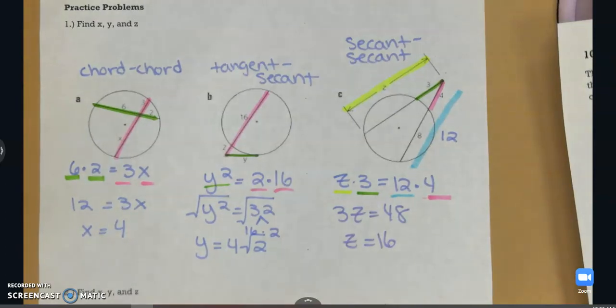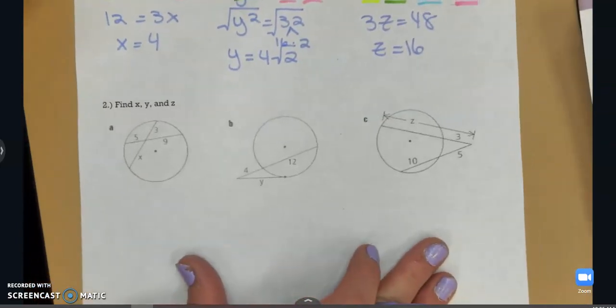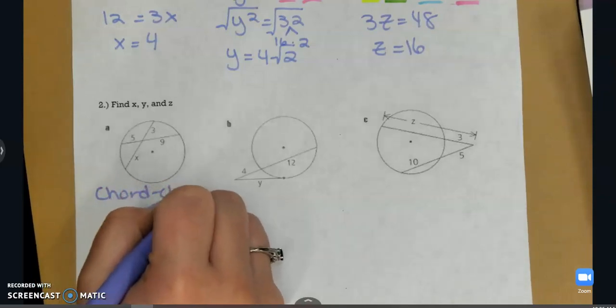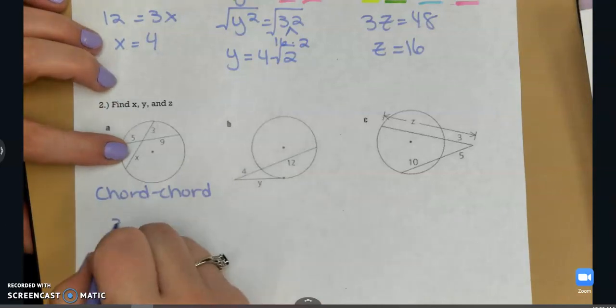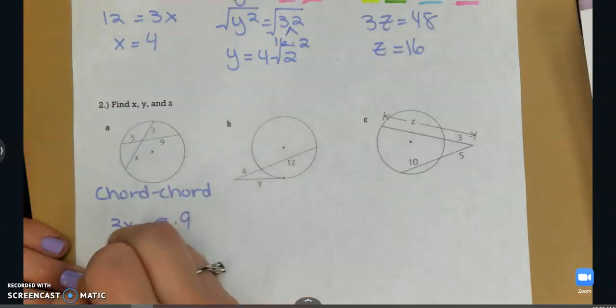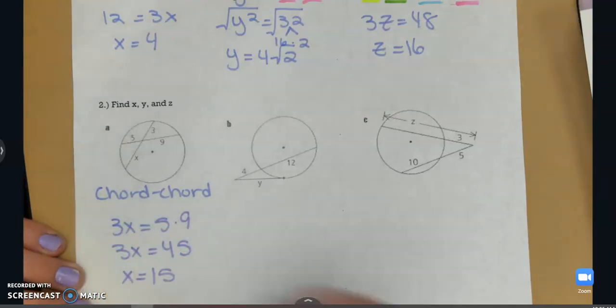Okay, let's see each of those one more time. Let's look at example 2, starting with A. Again, I have the chord. So 3 times x is going to be equal to 5 times 9. So if 3x equals 45, that means x is 15.